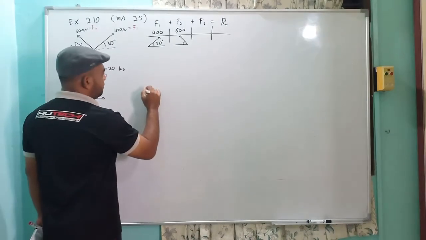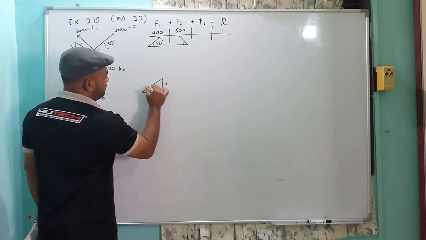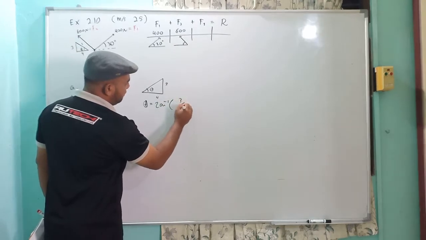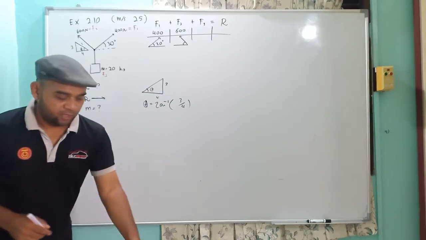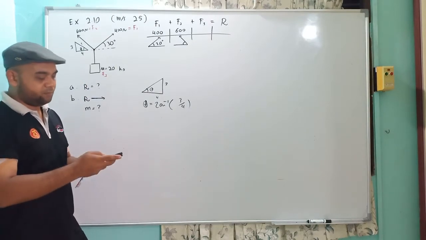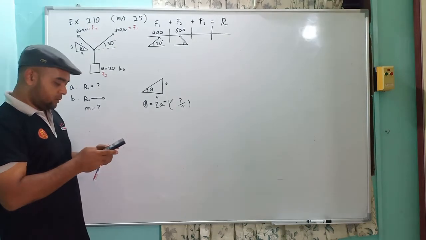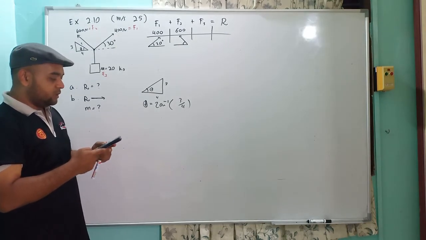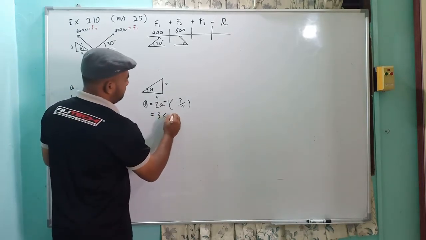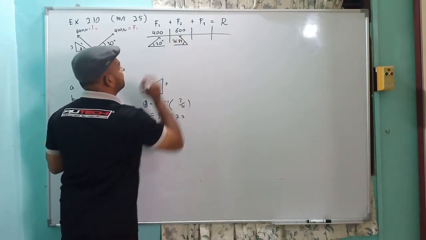So theta equal to tangent inverse of 3 over 4. From calculation, you can have theta equal to 36.87 degree. So this one is 36.87 degree.